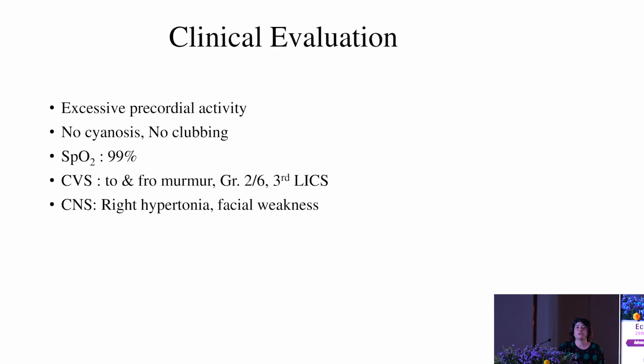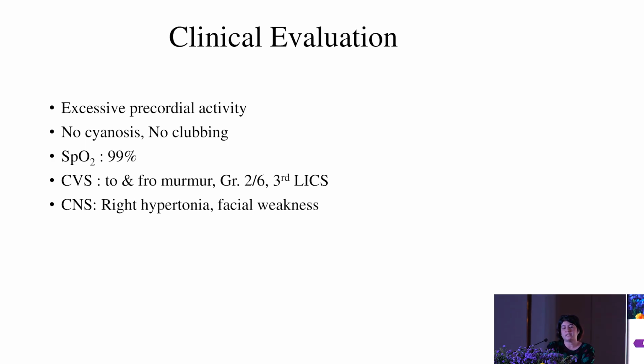She presented to our outpatient clinic, and on clinical examination she had excessive precordial activity. There was no cyanosis, no clubbing. The saturation was 99%. On auscultation, there was a to-and-fro murmur and a grade 2/6 murmur at the left third intercostal space.